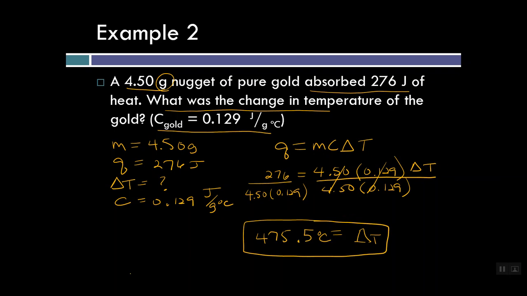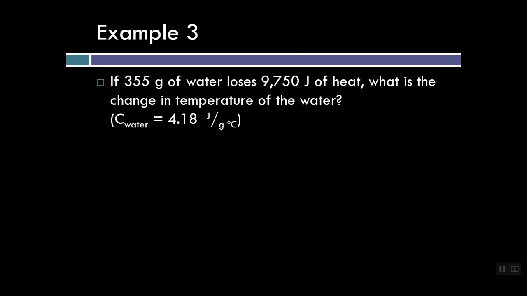All right, and that is it. That's very good. So if I wanted to do this with 3 significant digits, I would make that 476 degrees Celsius. All right, let's go to the next one.